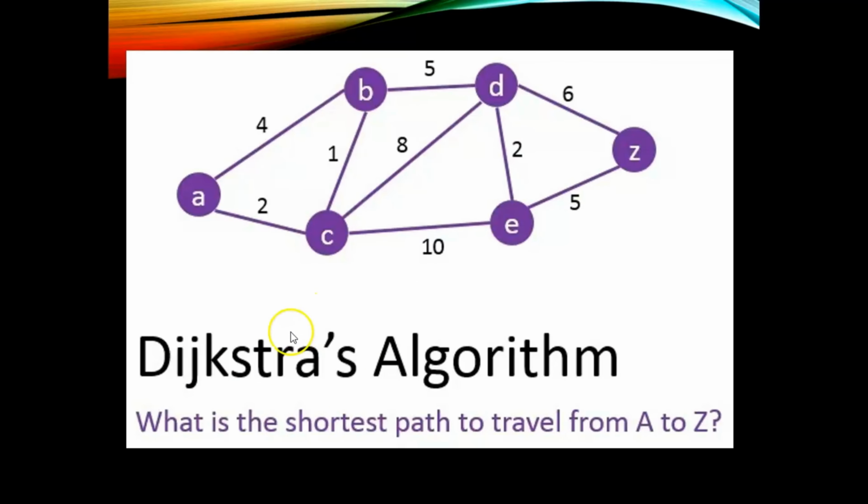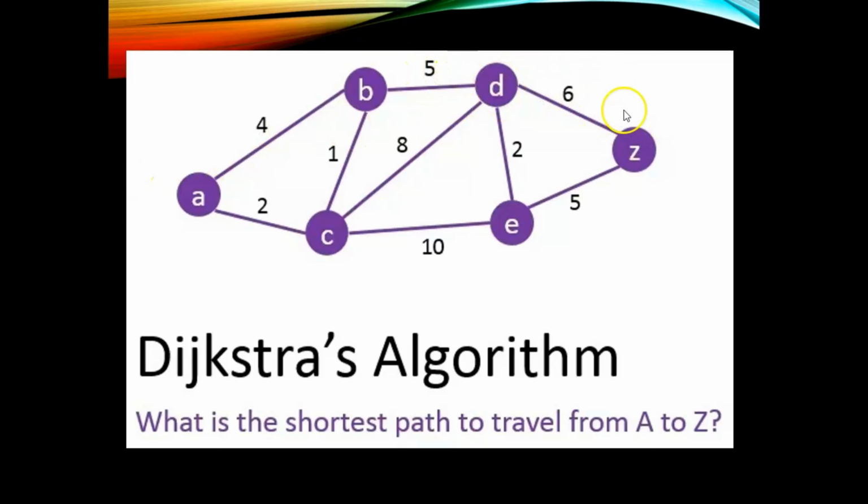If you want to try this on your own using Dijkstra's algorithm, it says what is the shortest path to travel from A to Z. So this is A and this is Z. Which one will give us the shortest travel distance? If I decide to move from A to C to E, this will give us 17 kilometers. But if I decide to move from A to B, B to D, then D to Z, this is 9 and this is 15.